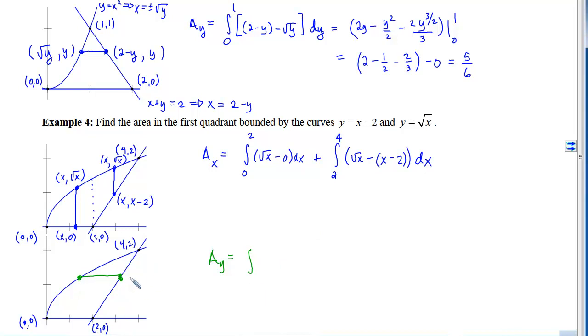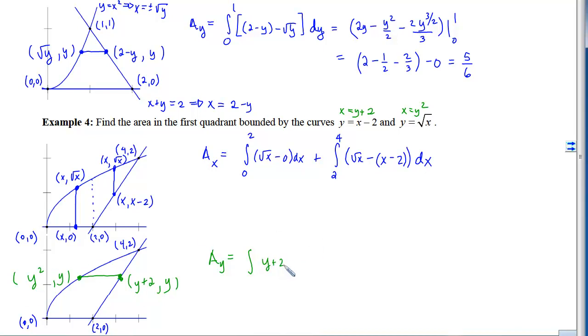Now in order to set up the integral, we have to label the points, and because that strip is perpendicular to the y-axis, everything will be in terms of y. That means we need to go back to the curves and isolate x. So in this case, x is going to be y plus 2, and in this case, x will be y squared. So this x coordinate is y squared. This one is y plus 2. If I now set up the length of that strip, it is the right x coordinate minus the left x coordinate.